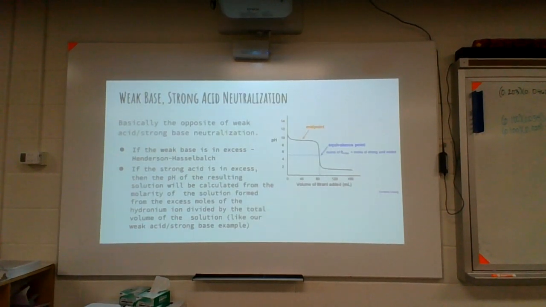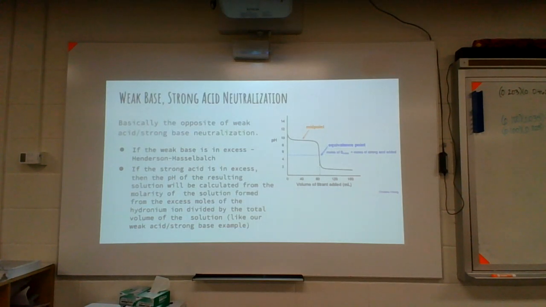Looking at the opposite situation now, weak base and strong acid is very similar. So if the weak base is in excess, it again will produce that buffer solution, and so we'll use the Henderson-Hasselbalch equation. But if the strong acid is in excess, then we do essentially the same analysis that we just did.